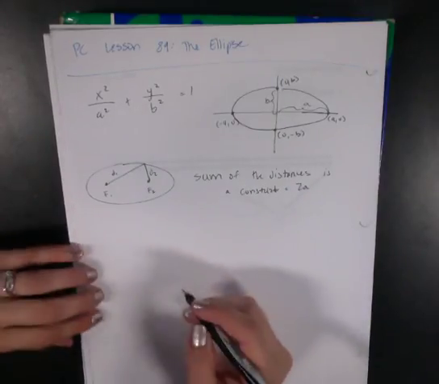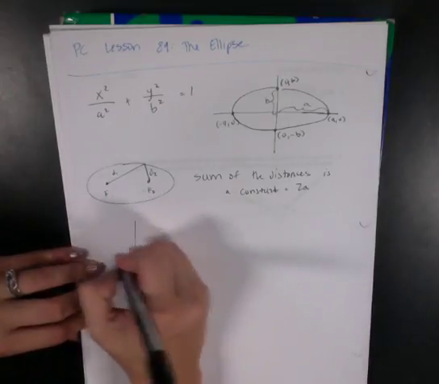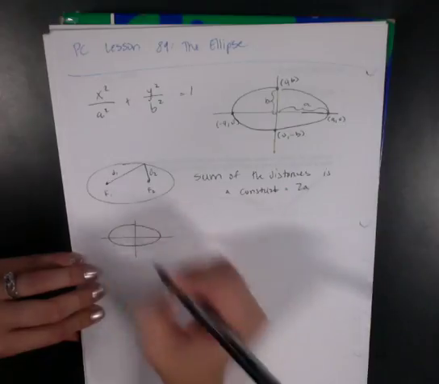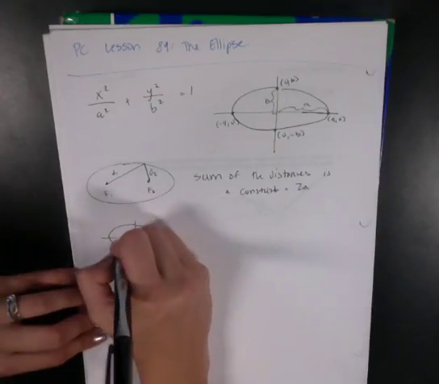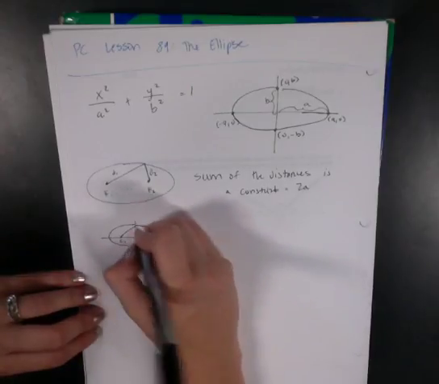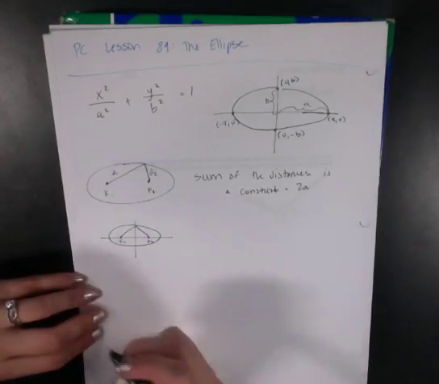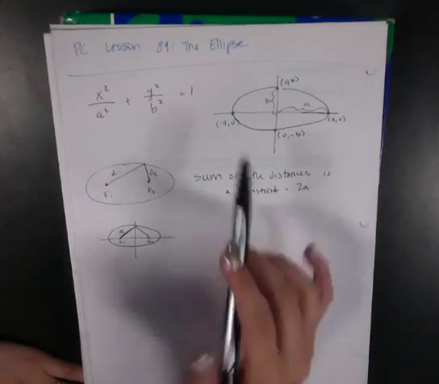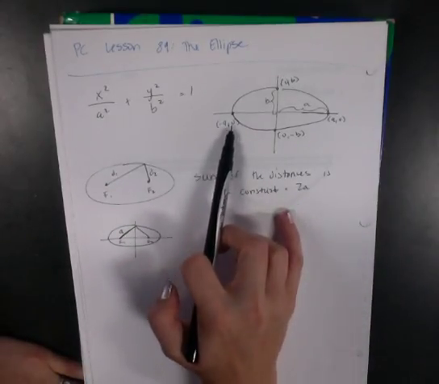Now, on my graph, here's my ellipse. They're slowly getting better. Here's my foci 1, here's my foci 2. And I have this distance here and here. This distance is a, which is the same a that I'm talking about up here.